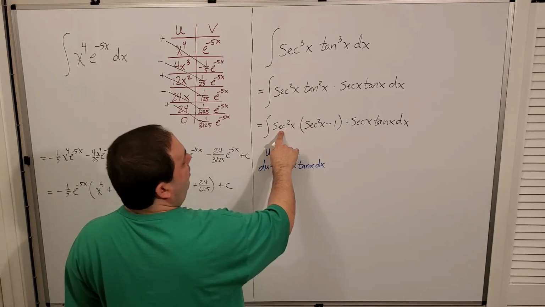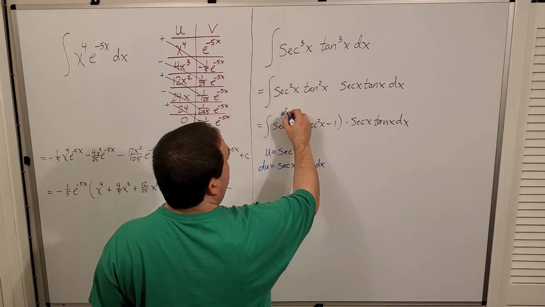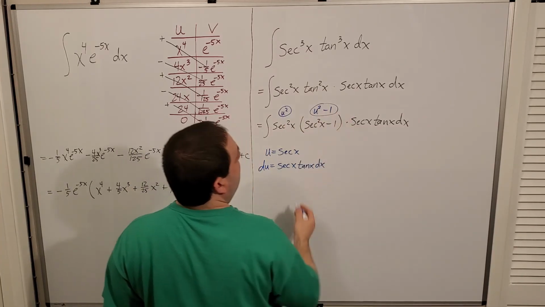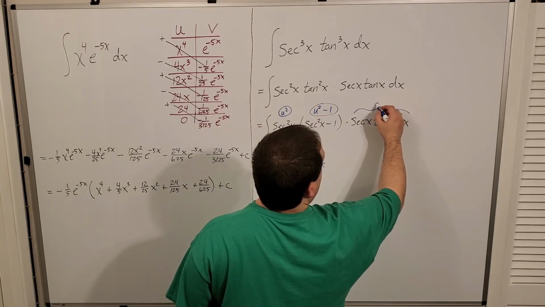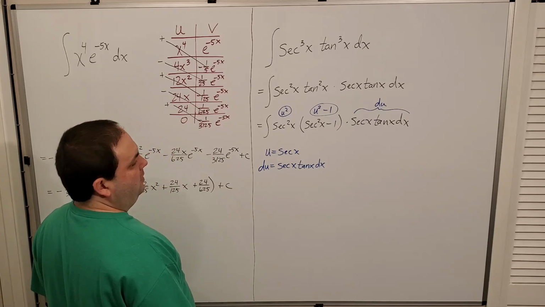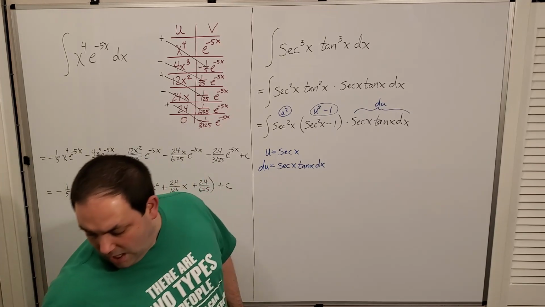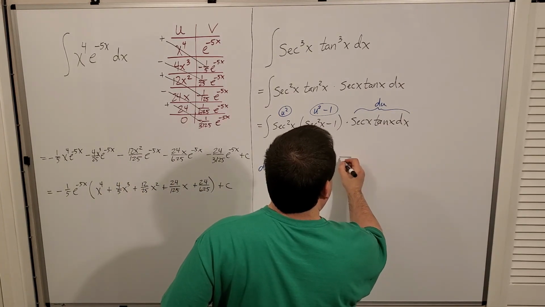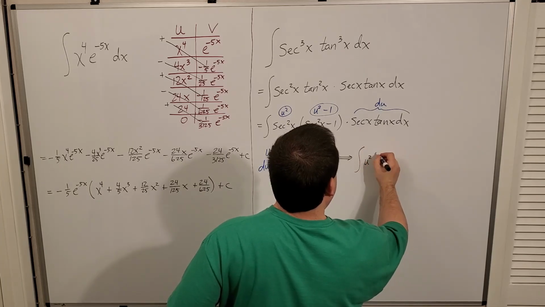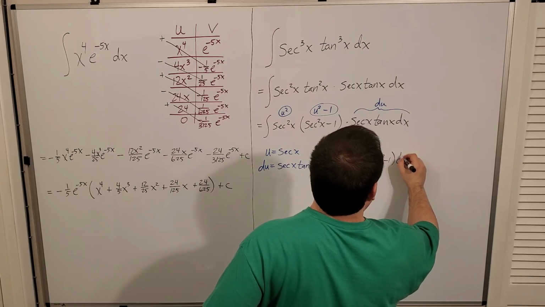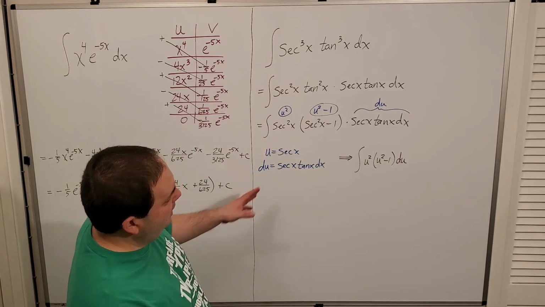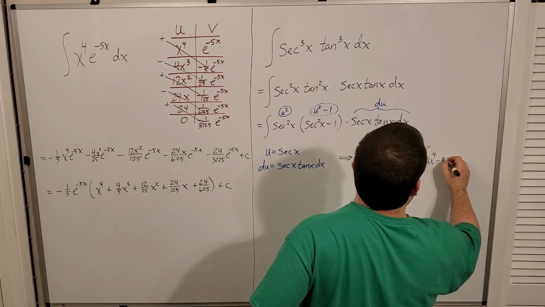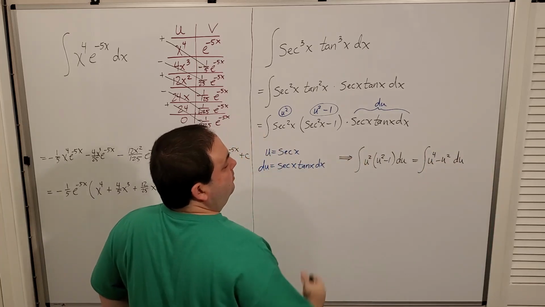So then you can see right here I'll have u squared, right? Here I'll have u squared minus 1. And then right here I've already got du. So then the integral becomes a lot simpler to perform, right? Where our integral becomes the integral of u squared times u squared minus 1 du, in which case I'll distribute the u squared and I can simply do my power rules.